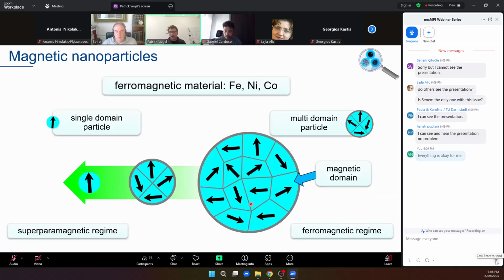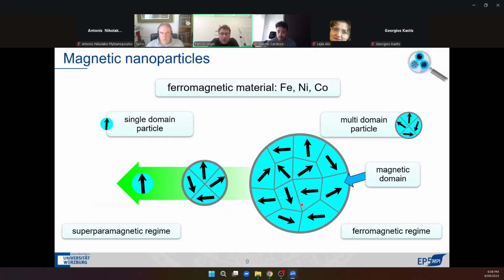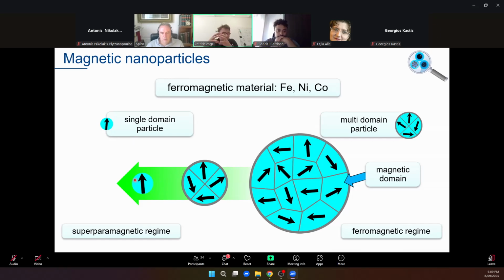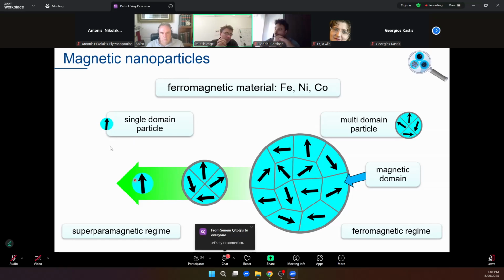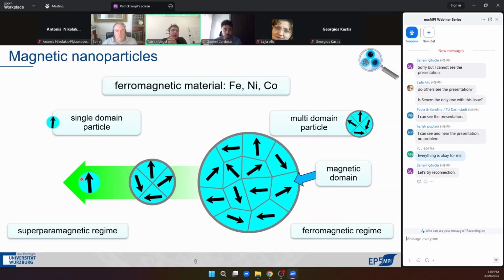So what is a superparamagnetic iron oxide nanoparticle? Superparamagnetic iron oxide nanoparticles are quite small particles, which, as you can see on the left side, have only one domain, or one homogeneous magnetization. Or in other words, to make it simple, you can see these tiny particles as small magnets.